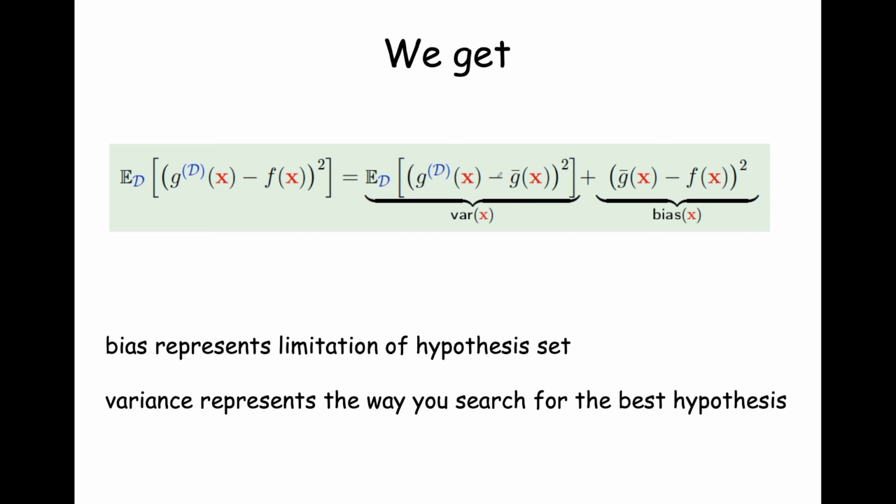How you search is dependent upon your data set, and you can arrive upon a different final best hypothesis based on your data set. The bias represents the limitation of your hypothesis set, how descriptive it is, namely how far off the best you can do will be from this unknown ground truth target function, and that's your bias.